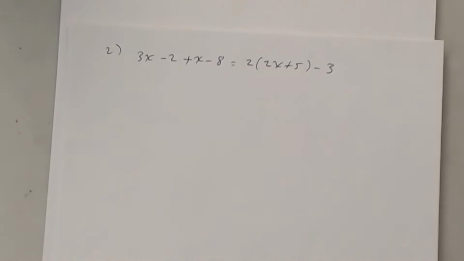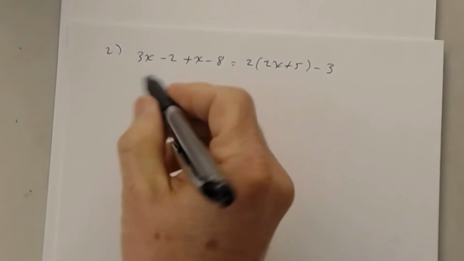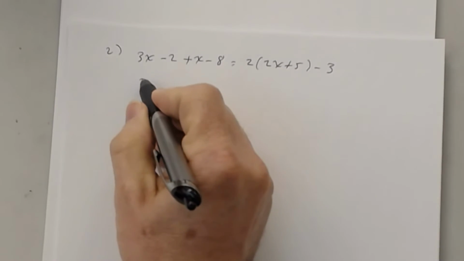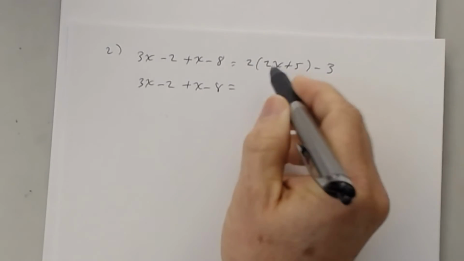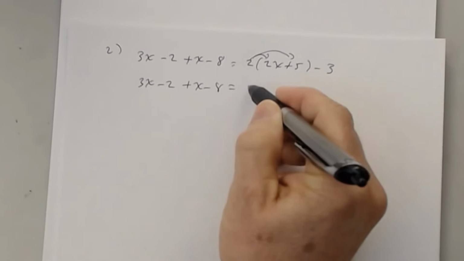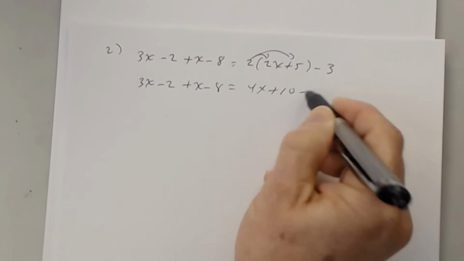Okay, so what's the first thing you're going to do? Get rid of the parentheses. Okay, so use what property? Distributive property. All right, so I'm going to just go ahead and rewrite the left-hand side. So I get 3x minus 2 plus x minus 8 equal, and then 4x plus 10 minus 3.